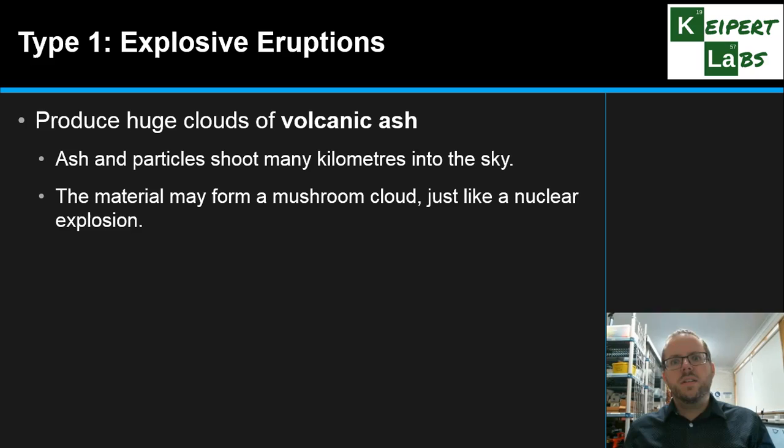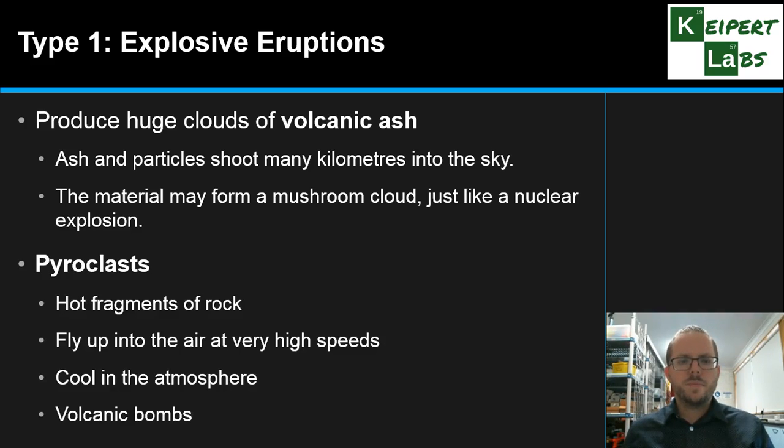And then if they're really small, they may not actually sink back down again. That's what happened in Iceland in 2010. There was a massive volcanic eruption and the ash clouds persisted for weeks and it disrupted air travel all over Europe.